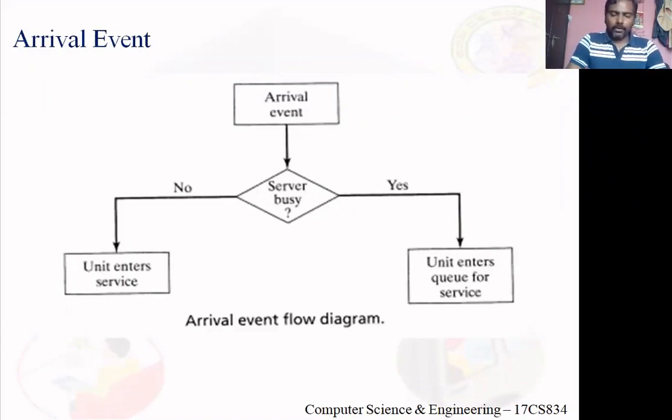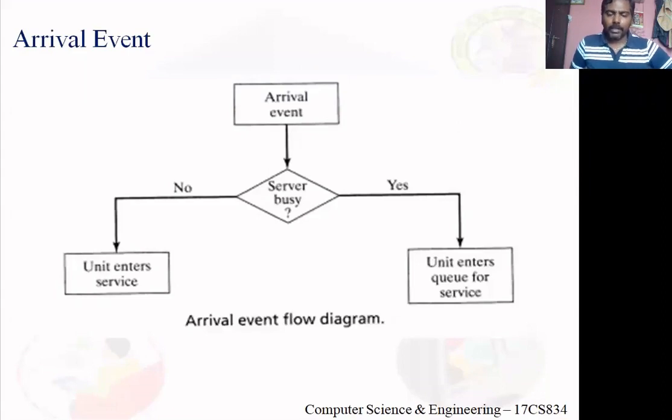Now the event that occurred is an arrival event, that is, a new customer arrives at the bank. When a new customer arrives at the bank, what needs to be observed? For solving the problem, we need to look at the status of the server. I repeat, it's very important.